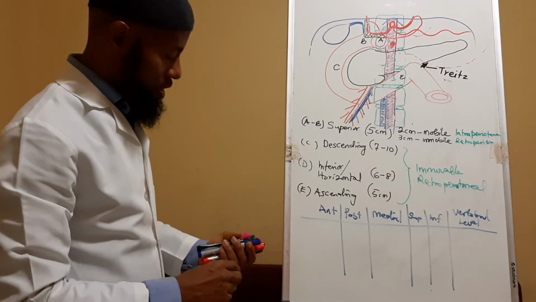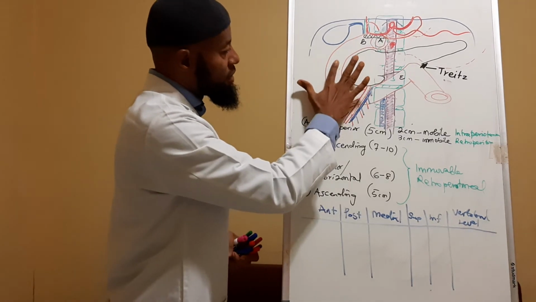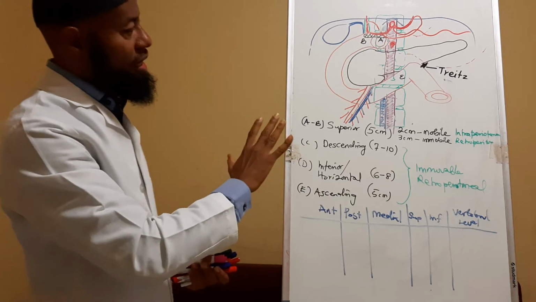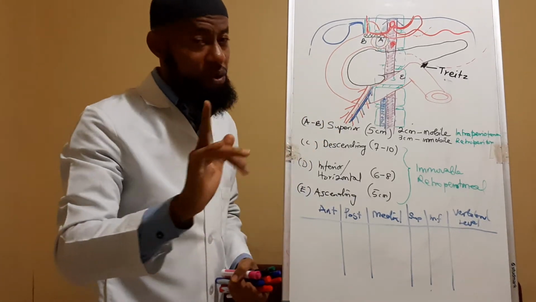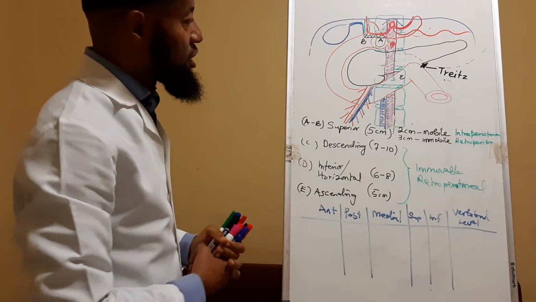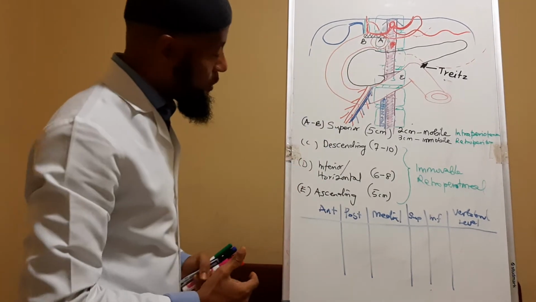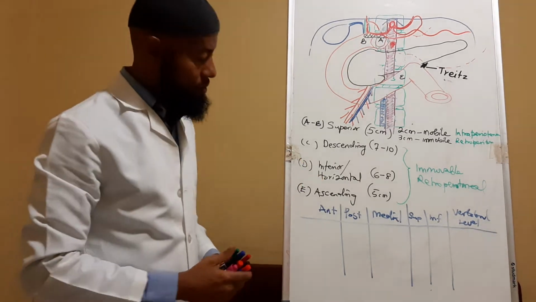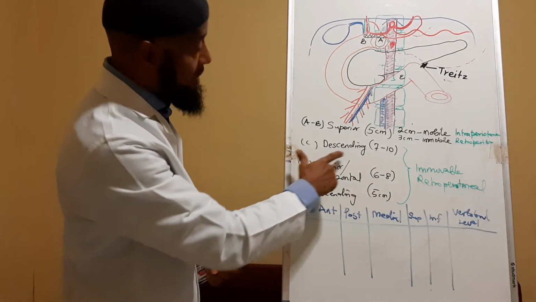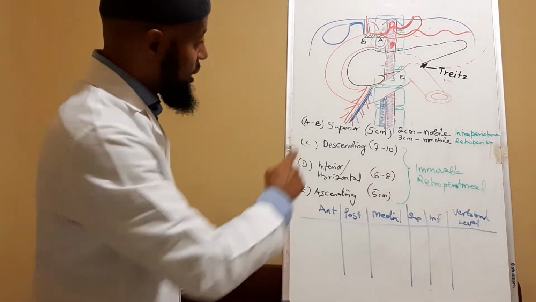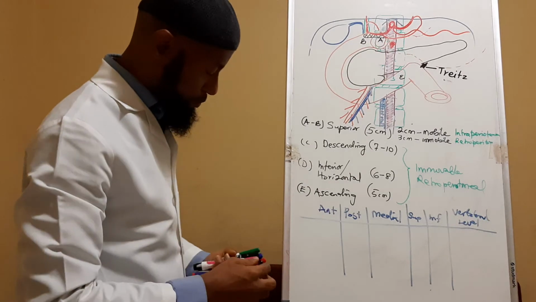Okay, what we're going to do right now is to explain the ducts that are found at the level of the descending part. The ducts are found in the descending part, okay?